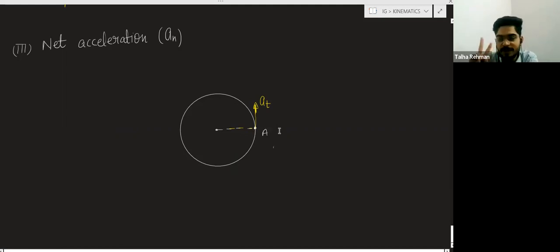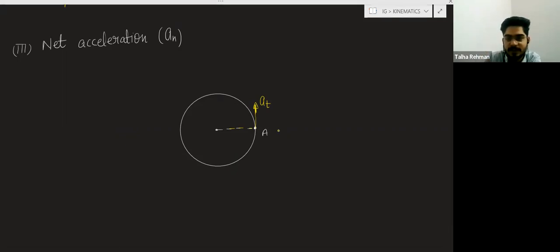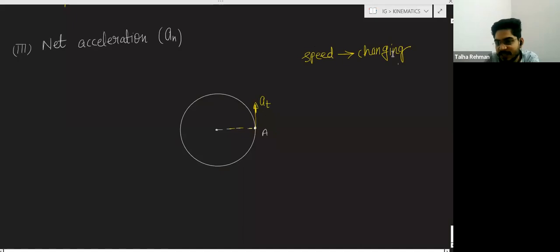So there will be two types of acceleration. If the speed of the particle is changing, then due to the change in speed there will be a tangential acceleration.